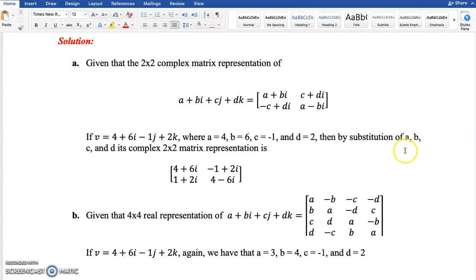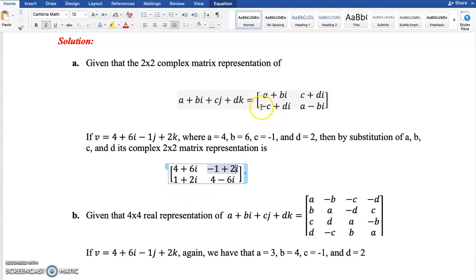Then by substitution of A, B, C, and D, the 2 by 2 matrix representation of this quaternion is: A plus Bi is 4 plus 6i, C plus Di, where C is minus 1, plus Di, where D equals 2, so we plug in the 2 there.